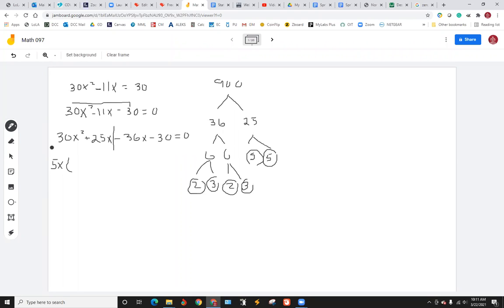So take out the greatest common factor, which is 6x plus 5. Bring down that sign, and you can take 6 out. And then you got 6x plus 5 again, the repeated one.